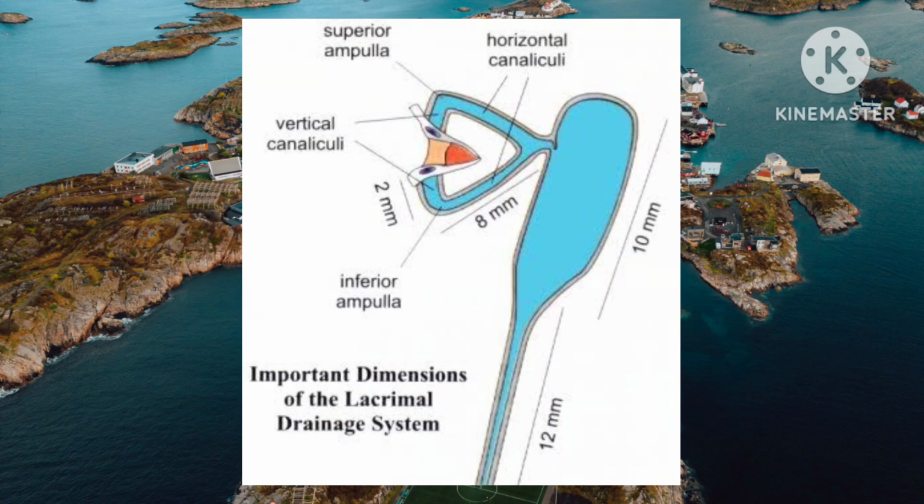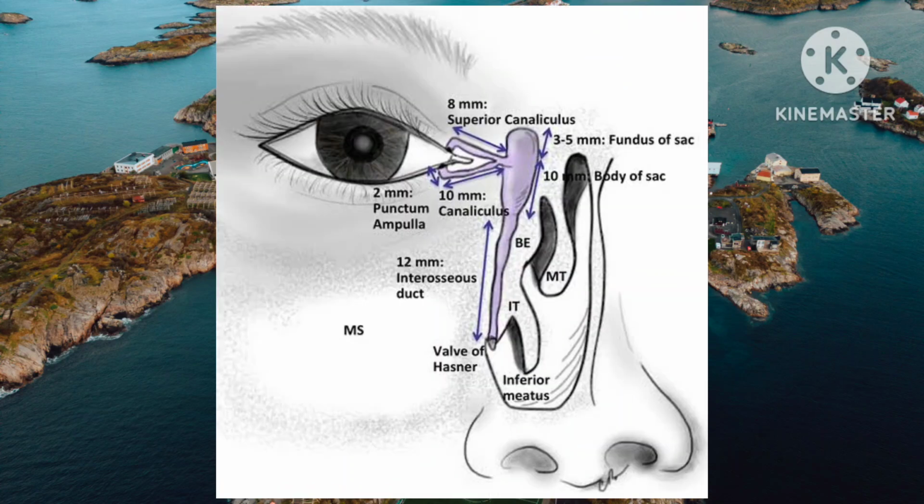At the junction of the vertical and horizontal parts, the canaliculi produce a dilatation called the superior and inferior ampulla. Both canaliculi open close to each other in the lateral wall of the lacrimal sac behind the medial palpebral ligament. Next, the lacrimal sac.